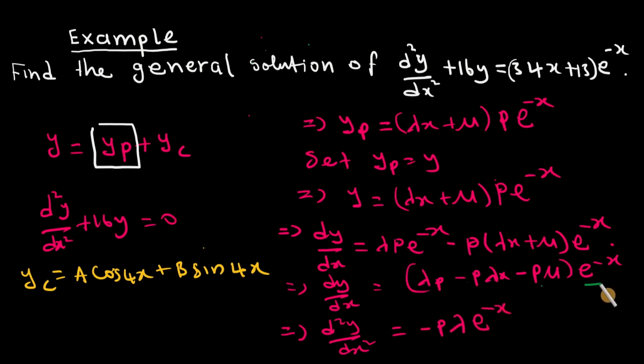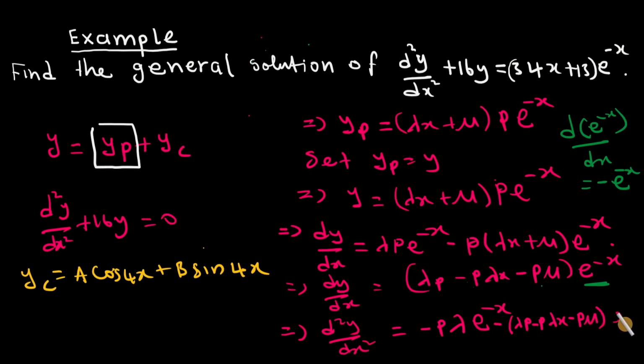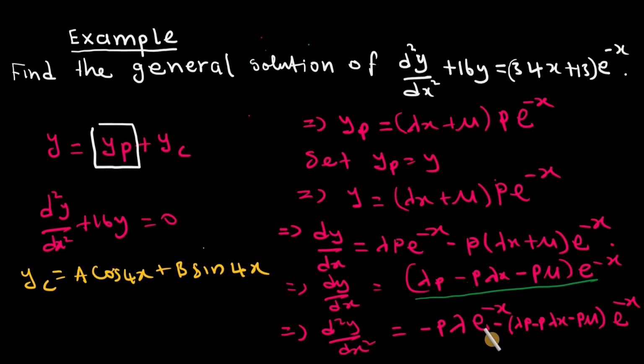Now plus the differential of this times this. The differential of e to the minus x with respect to x is the same as negative e to the minus x. That's I differentiate the exponent times the function e to the minus x. That means here I'll have minus (lambda p minus p lambda x minus p mu) times e to the minus x. So I've carried out the differentiation of this using the product rule.